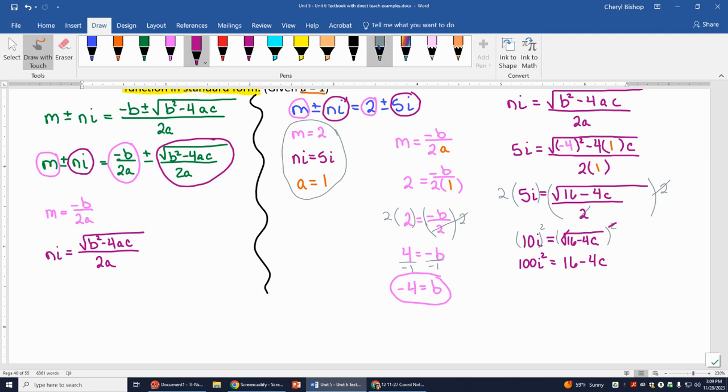Now, I need to remember that i squared is really negative 1. So this is 100 times negative 1. This is negative 100 equals 16 minus 4c. Subtract 16 on both sides.